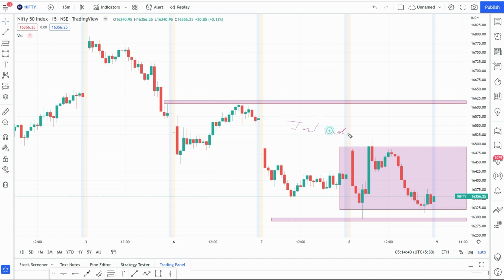Yesterday was the RBI meet, so we saw a good amount of fall in Bank Nifty after that. This effect was because of the meeting and the announcement. Then we saw a good amount of rise in the market, and after that the market started falling down.